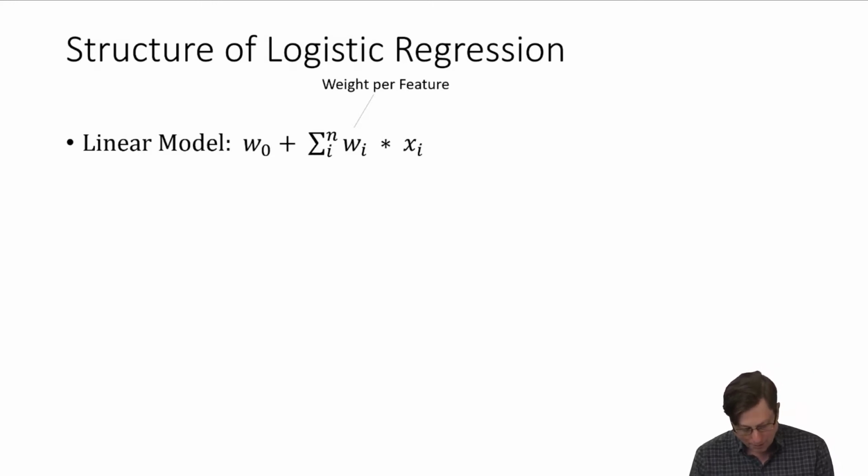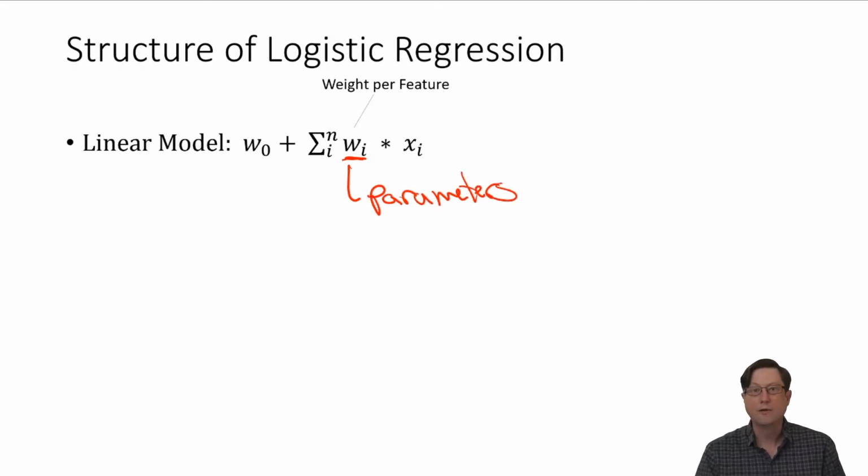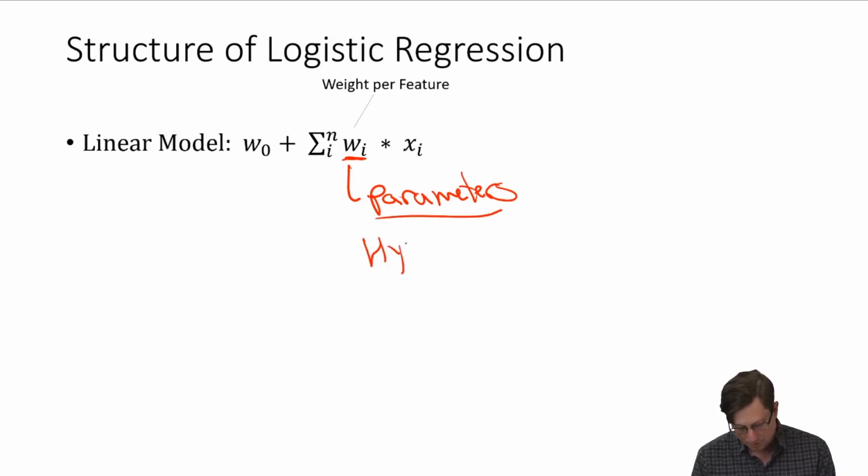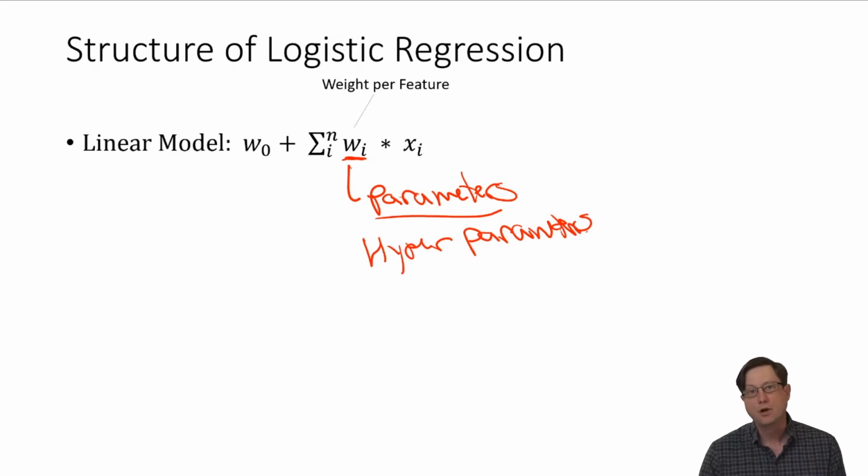These weights are often also called the parameters of the model. And if you remember from the last lecture, we talked about the parameters of the model and then the hyperparameters of the modeling process. I write these things and nobody can read my handwriting, but I try. Here, I'll erase it.